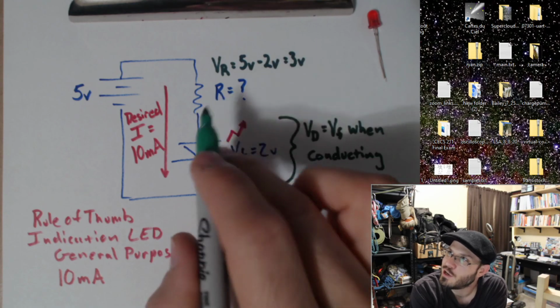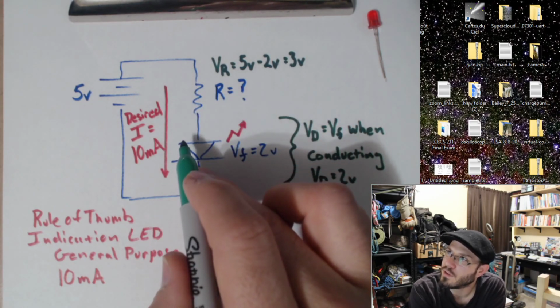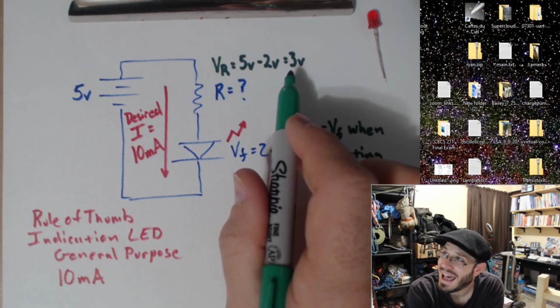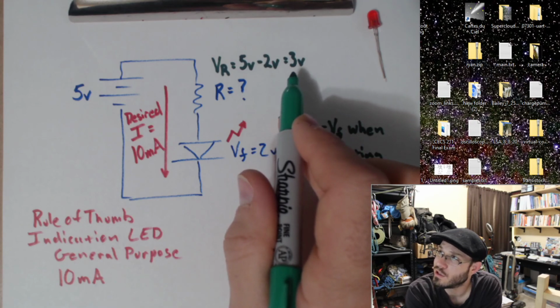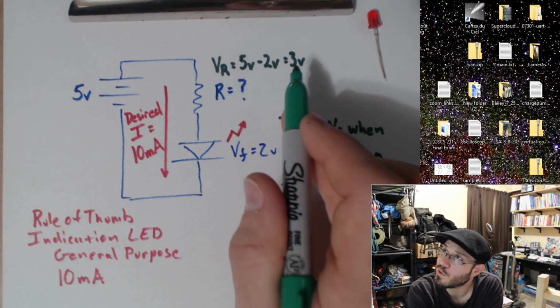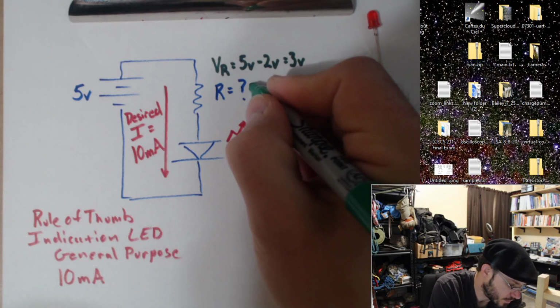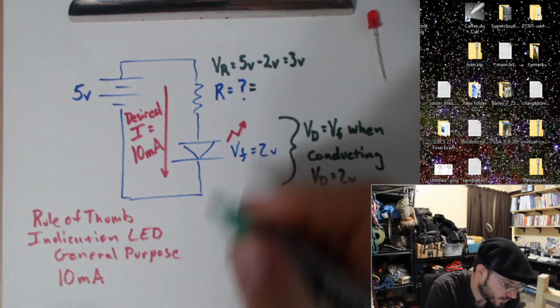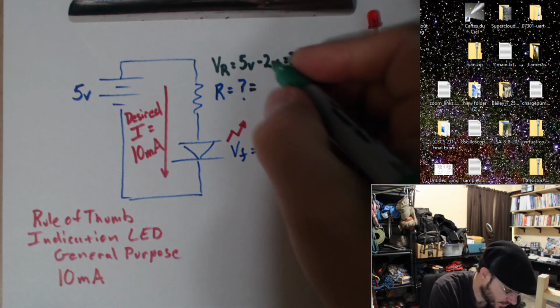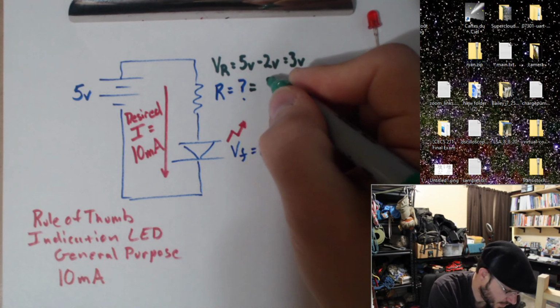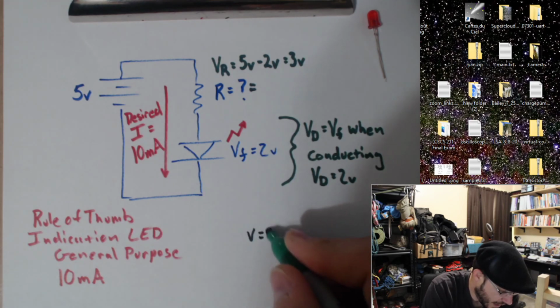So now that I know that I want 10 milliamps flowing through my resistor and that it has a voltage drop equal to 3 volts, I should be able to use Ohm's law to determine what R is equal to. Well, what is that? V equals IR.